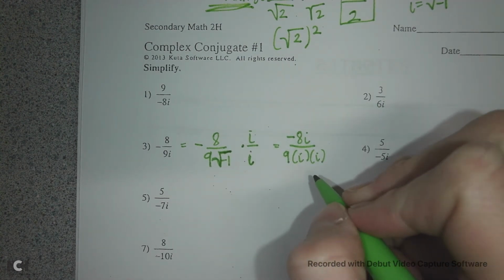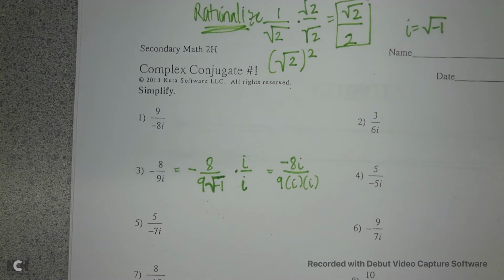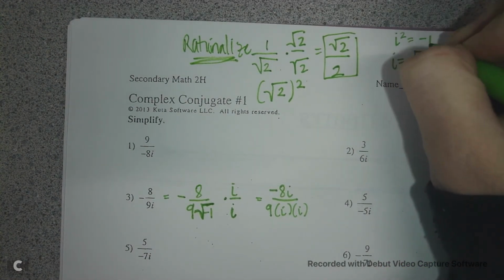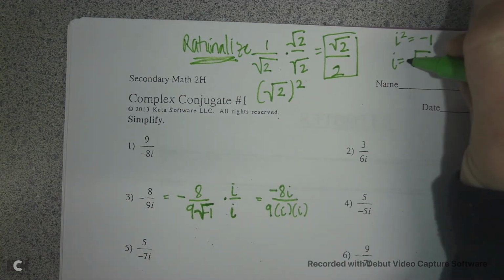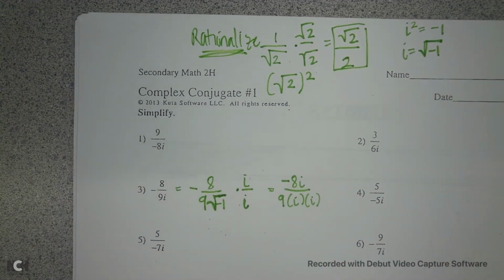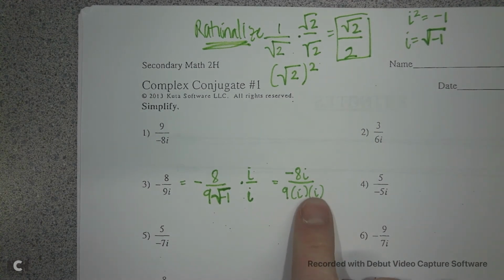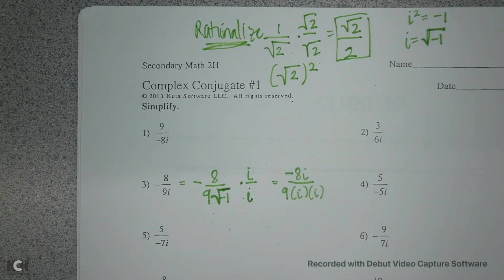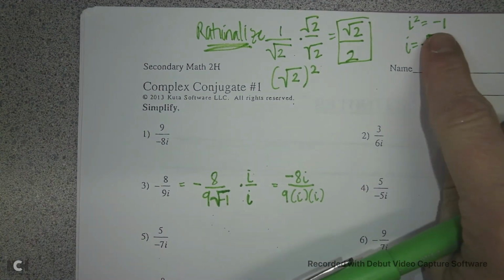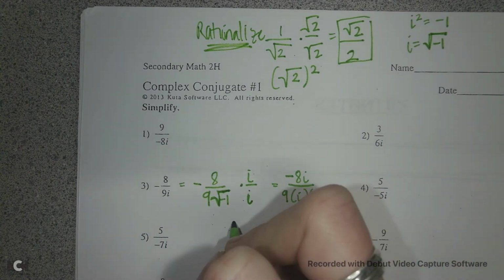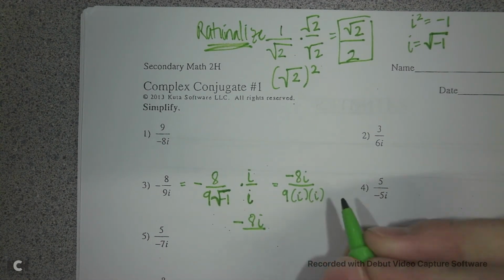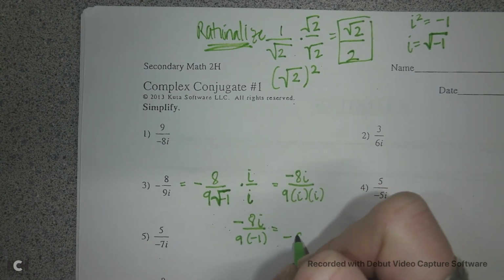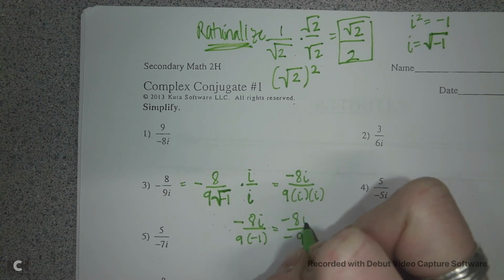This is the same thing as i squared, just like what happened here, because it's the same exact number twice, and i squared is equal to -1. So on the top, I still have -8i, and on the bottom, I really have 9 times -1. Well, 9 times -1 is -9 on the bottom and -8i on the top.